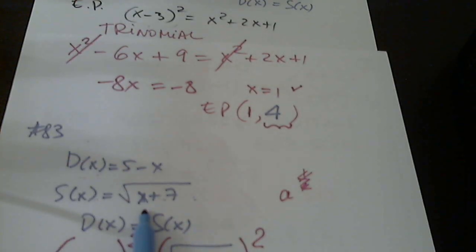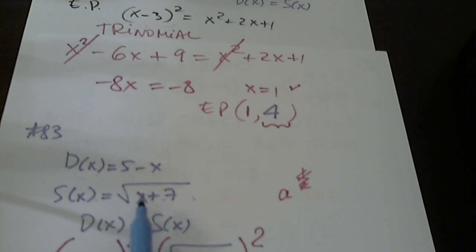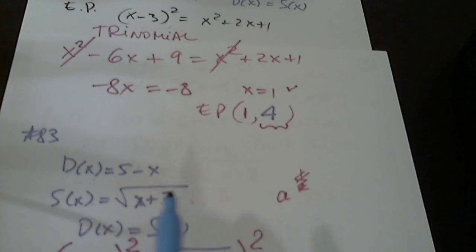Is anyone paying attention? X is 2. 2 comma. How did we get 3?